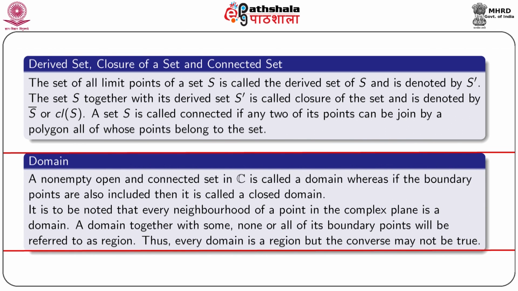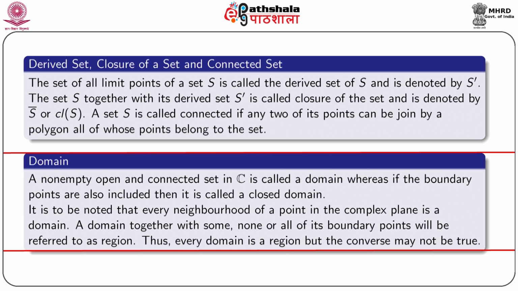Now we define domain. A non-empty, open and connected set in C is called a domain, whereas if the boundary points are also included, then it is called a closed domain.